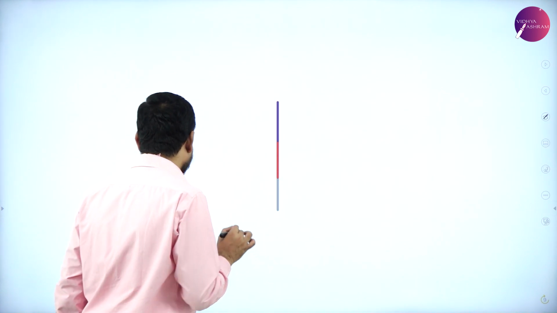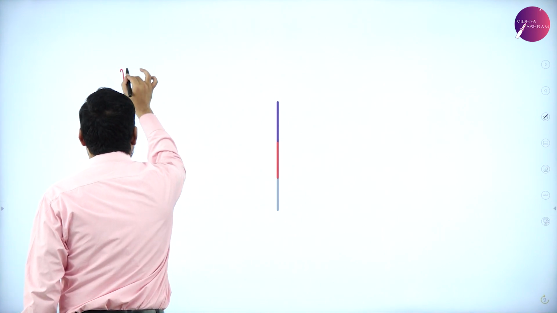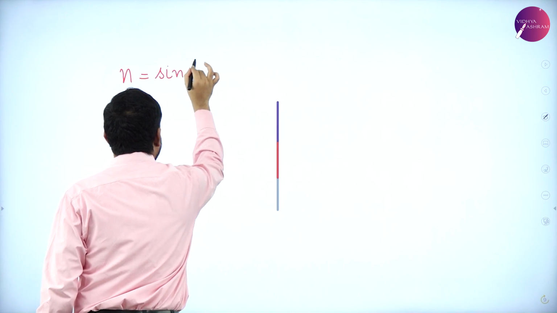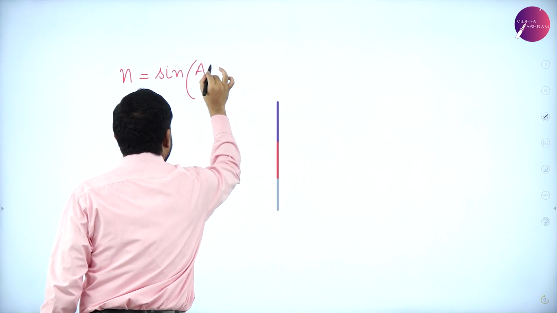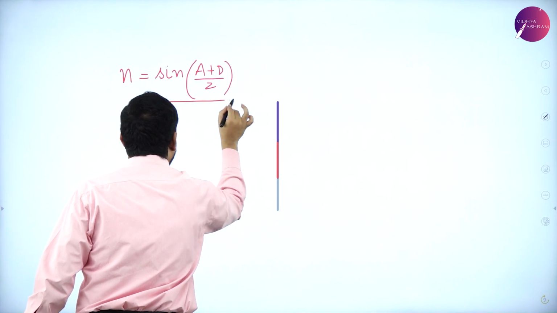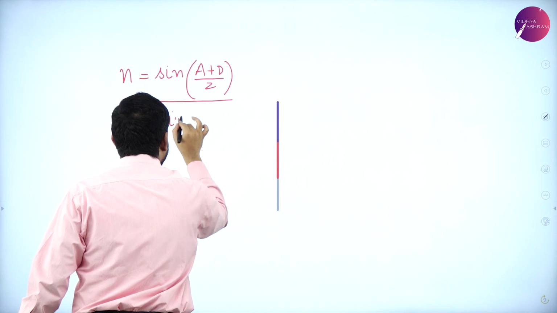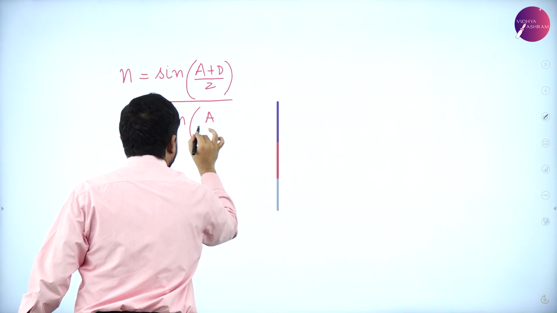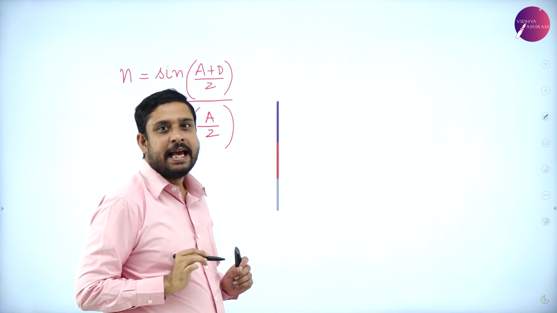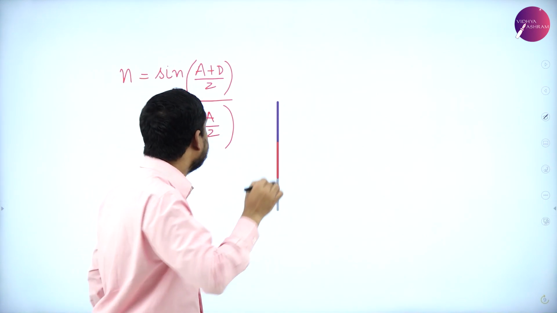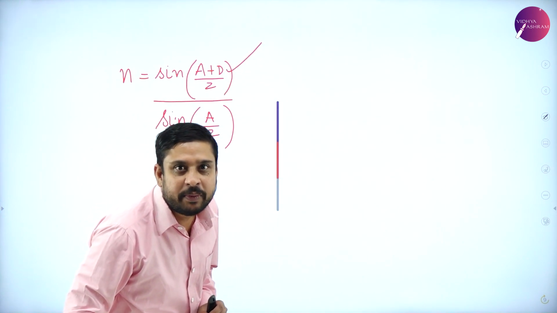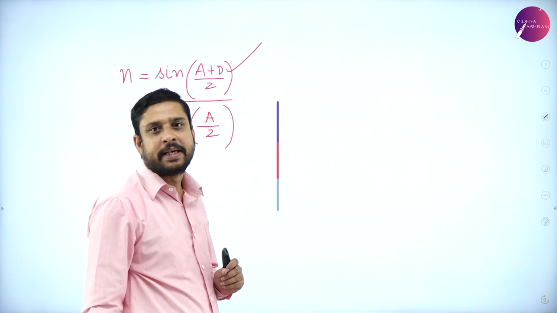Now going to the expression, we know the refractive index of a prism is sin of (A plus D) divided by 2, divided by sin A by 2. What is A? Angle of the prism. Capital D is the angle of minimum deviation which has to be calculated.